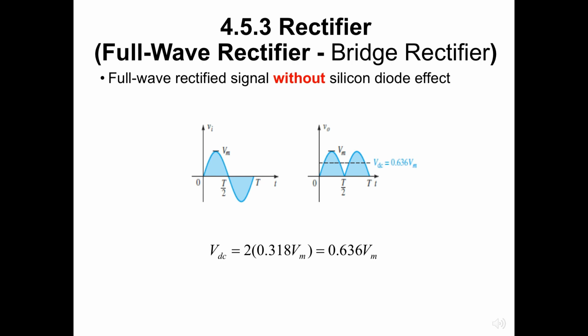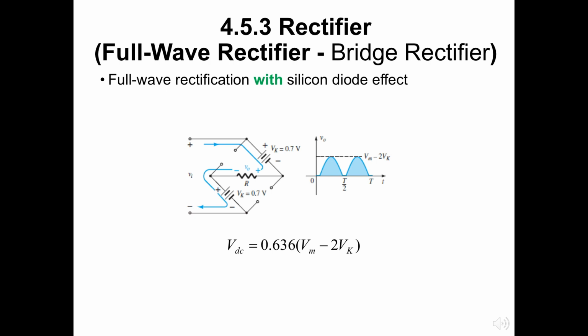Since the area above the axis for one full cycle is now twice that obtained for a half-wave system, the DC level has also been doubled, and VDC is double that of the normal half-wave rectifier, 0.636 Vm. For full-wave rectification with silicon diode effect, VDC is approximately equal to 0.636 by Vm subtract 2 Vk.